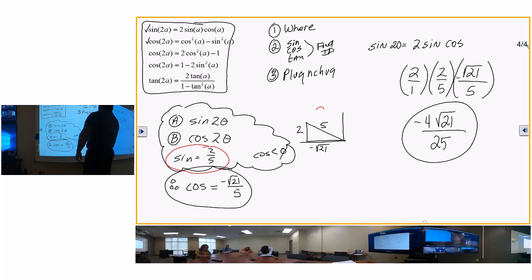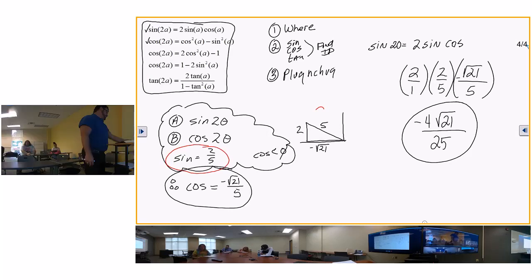Now you do the cosine. And you can use either which one, but I think I use cosine squared. Let me check to make sure, because all of them are derivatives of each other. Yeah, I did cosine squared. So you do cosine squared, or cosine of 2 theta.